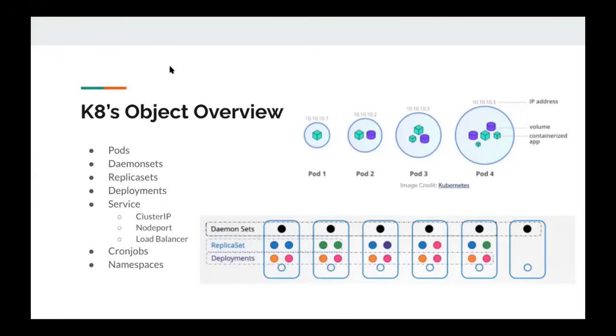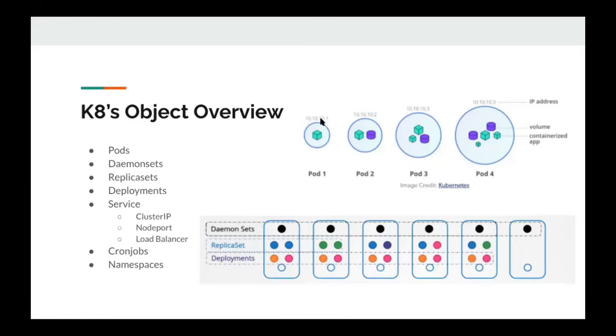Also by using this EKS, you can attach multiple security groups. Suppose this is your pod, and it will expose one IP address. On this IP address, you can attach your security group. This is a new feature of EKS.